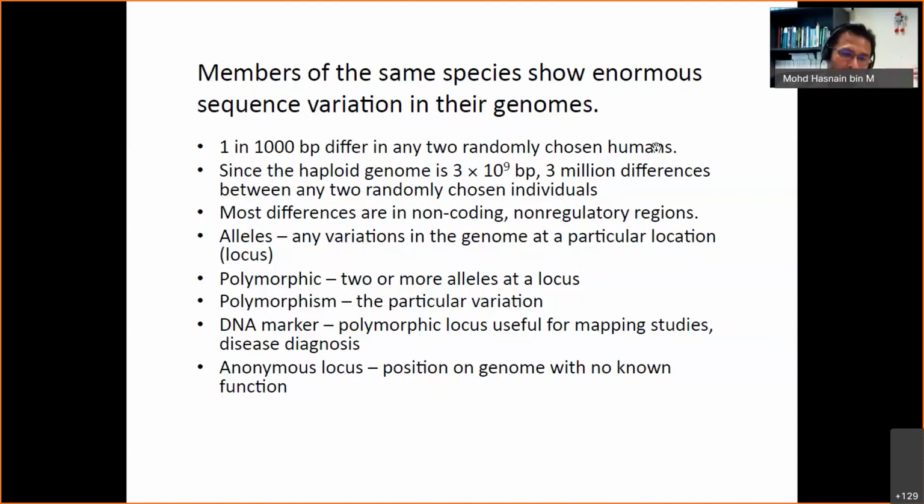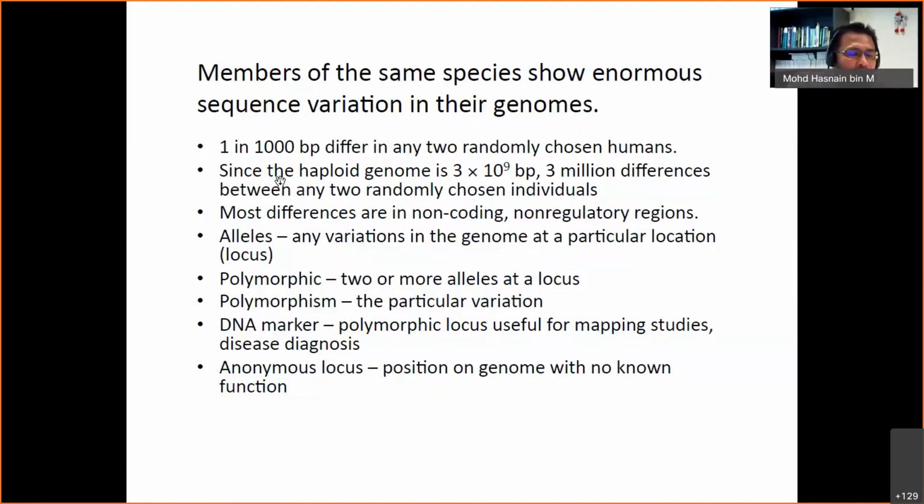So we always have different DNA sequences. And most of the time in a normal individual, the difference in the DNA sequence is because of changes on a non-gene region, a region that does not have any gene on it. So the difference is present, but not in the coding of the gene itself.